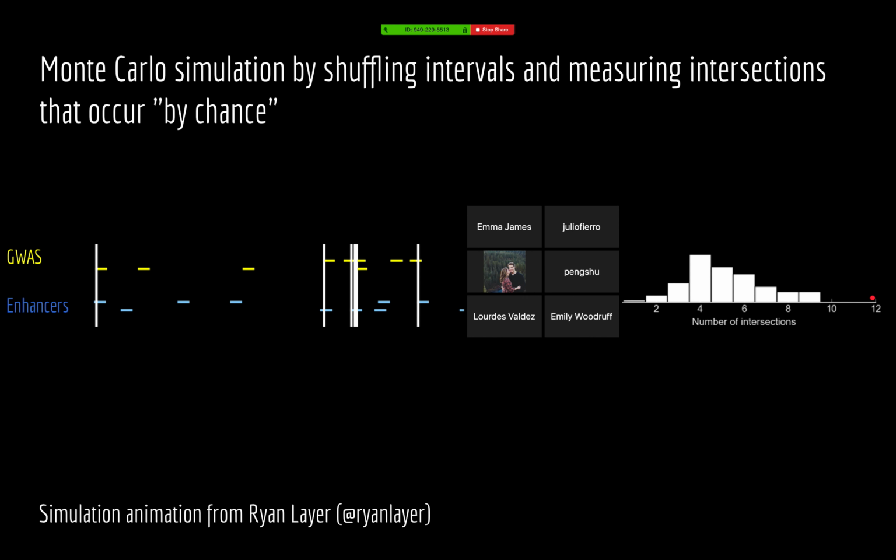There's a number of things that you can do. The first is what's called establishing an empirical p-value. Let's say you do 1,000 trials, and for each of those 1,000 trials, you never observe intersections that are greater than or equal to what you observe.